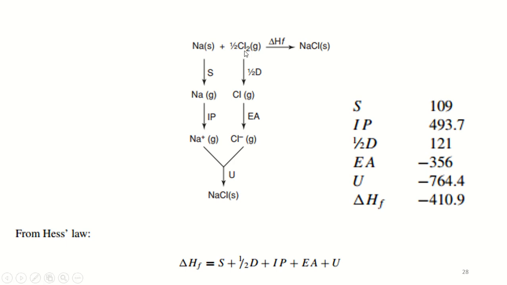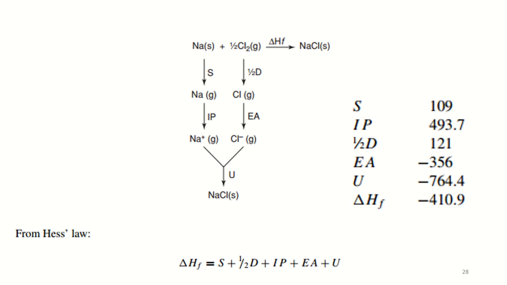We have to dissociate Cl2 into Cl because this is only a 1:1 ratio. So dissociation energy, then electron affinity, and change into chloride negative, and then the U, which is the lattice energy, and we will get NaCl in solid form.